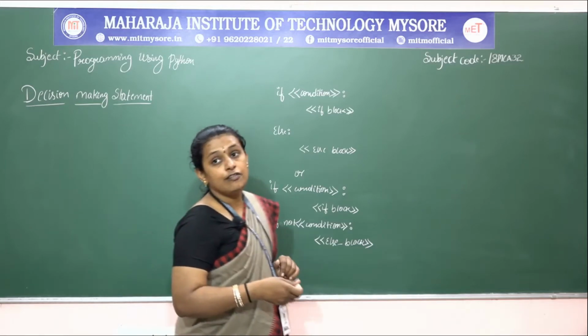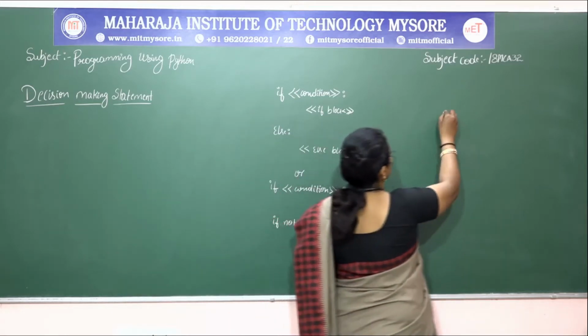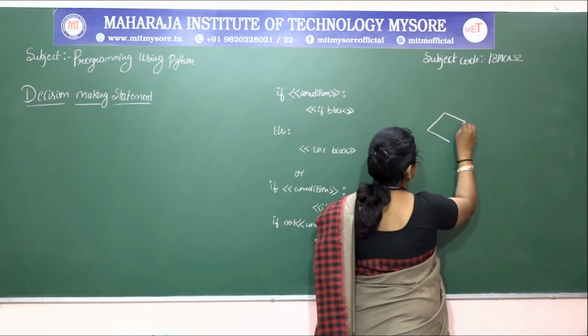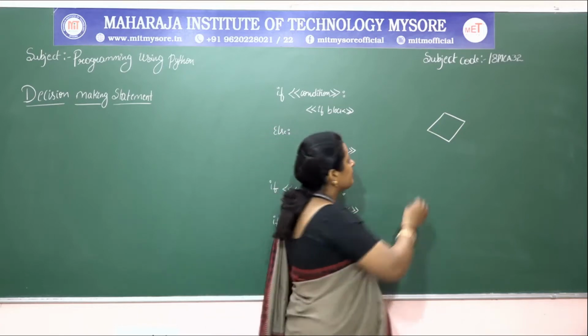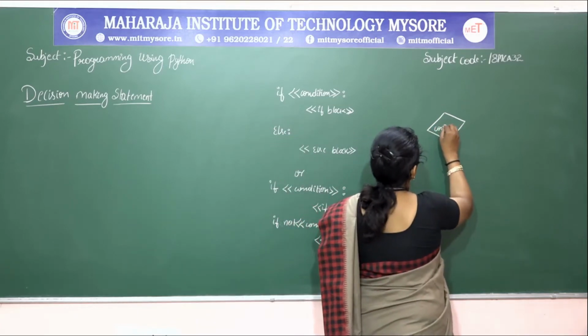Let's take the flowchart of it. The diamond shape represents decision making or condition checking. With respect to this we have given a condition.